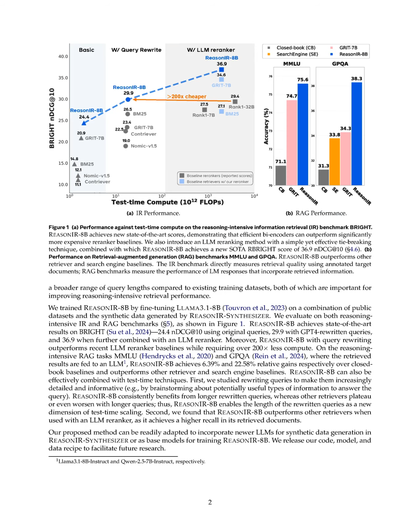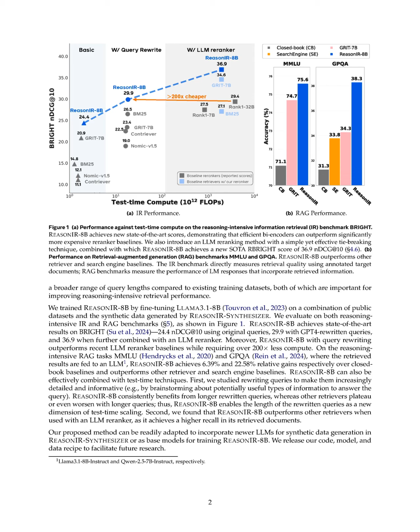This tailored training approach allows ReasonIR-8B to achieve state-of-the-art results on benchmarks like Bright, with NDCG at 10 scores of 24.4 for original queries and 29.9 for rewritten queries, outperforming other retrievers while requiring significantly less computational resources.